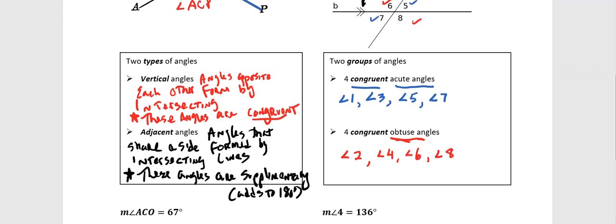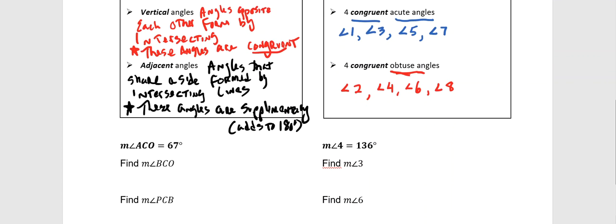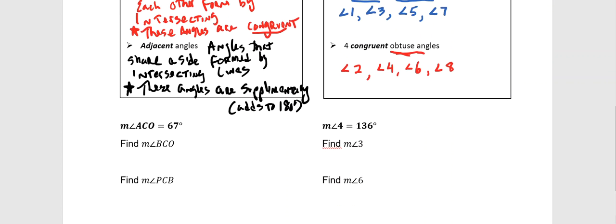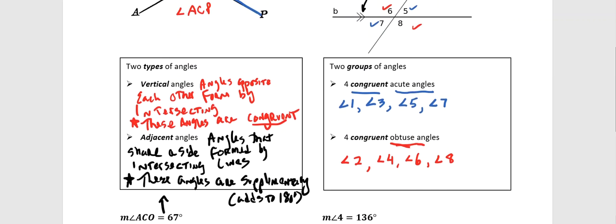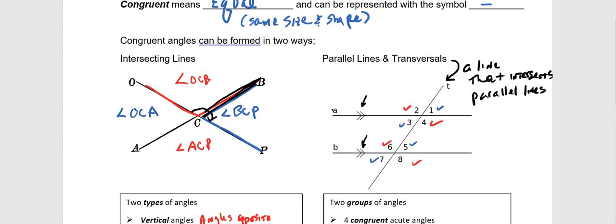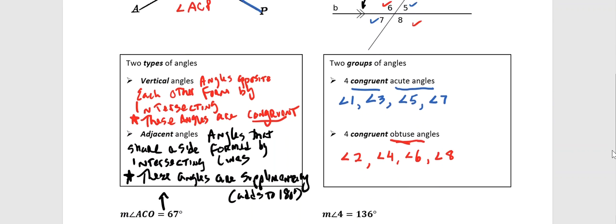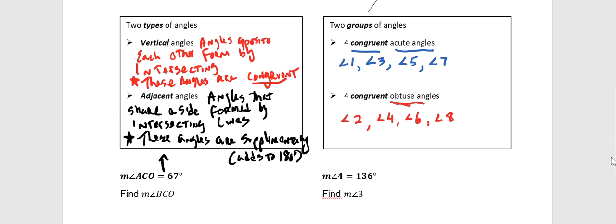So I'm going to leave you to actually use all of that information, okay? And you can go back and refer back to this video. So going back to figure number 1, or going back to the intersecting lines, going back to this information up here, you're going to be told that angle ACO is 67 degrees, and you're going to be asked to find a couple of the other angle measures within the diagram.